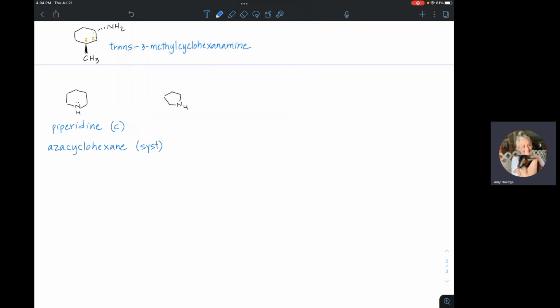The common name for this is pyrrolidine. So that's our common name. And just like we did with the 6-membered ring, we're going to indicate that we have a 5-membered ring. So we have a cyclopentane, but we want to tell somebody that one of the carbon positions has been taken up by the nitrogen. So we're going to say we have azacyclopentane.